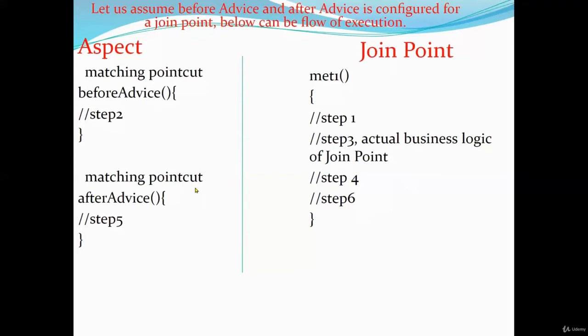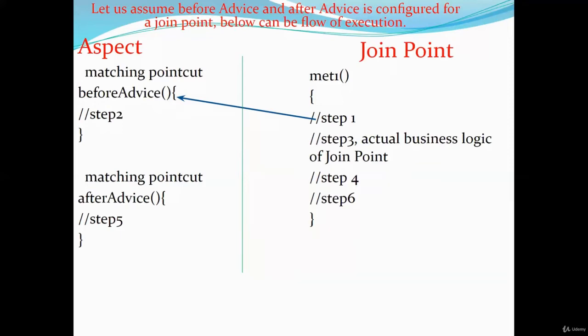Now, let us assume there is a before advice. In step 1, the before advice gets invoked automatically, provided the pointcut expression is matched. What is a pointcut expression? We'll see that.